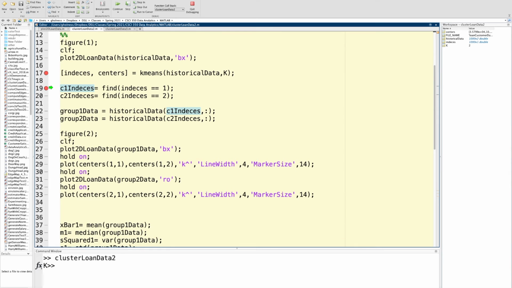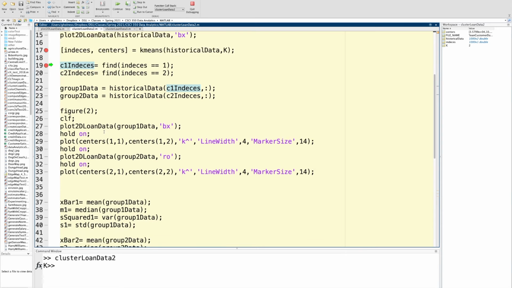Here I call that group 1 data. I take my historical data, my entire record that I read in from CSV, that table or matrix, and I use those indices that I found that belong to group 1 and group 2. Those are my clusters. That's my actual set of data points that are in cluster 1, group 1 data, and cluster 2, group 2 data. You could call this S1 and S2 to be consistent with the PowerPoint slides.